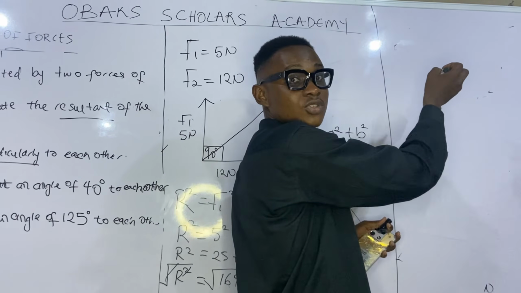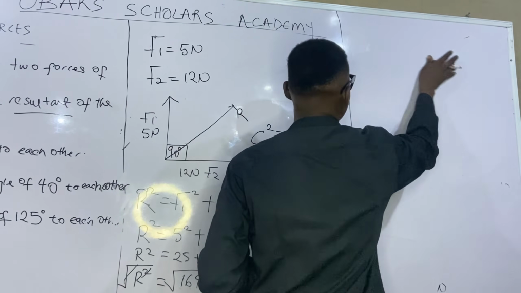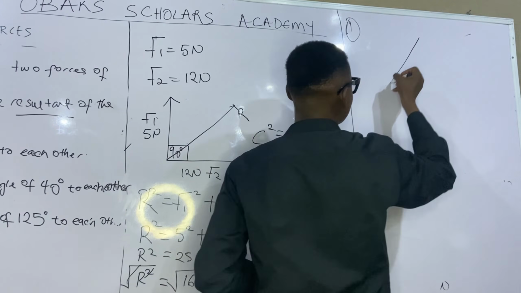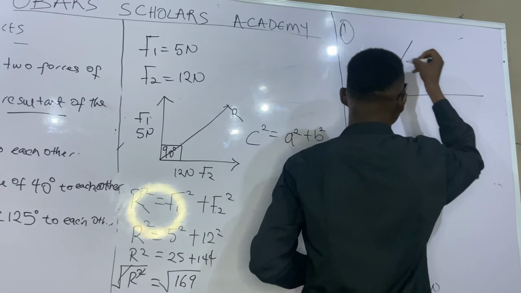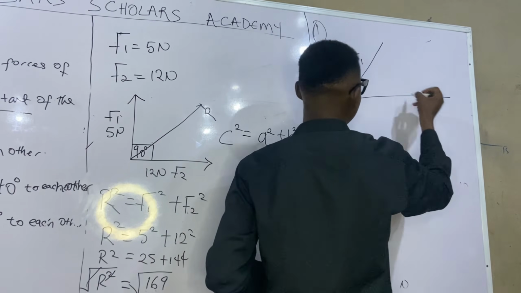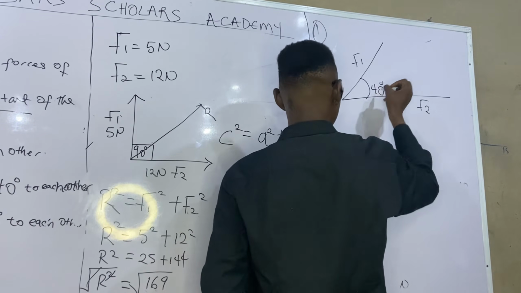So let's draw the diagram first. These are the two forces. This is F1, this is F2. The angle between them is 40 degrees.